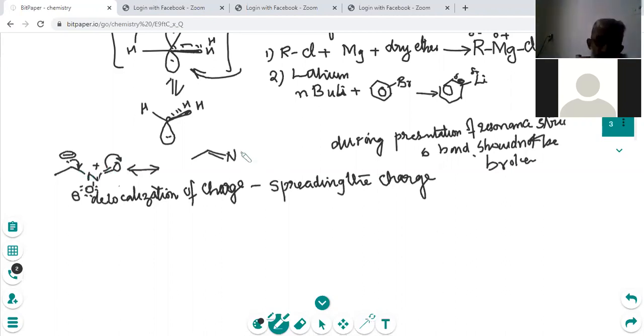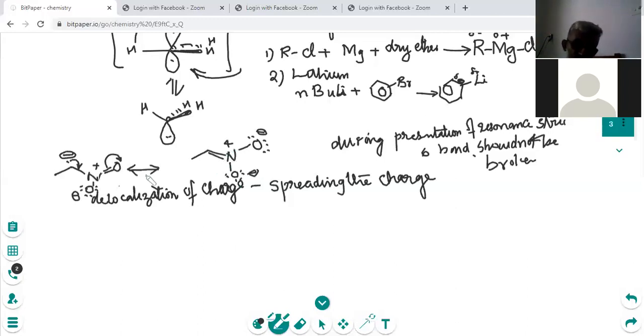See how it is getting stabilized. The negative charge is getting transferred over to this oxygen, and this oxygen remains the same. Already there are 6 electrons with a negative charge, and the positive charge of nitrogen is still there.